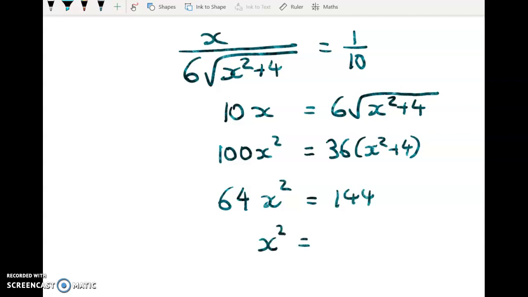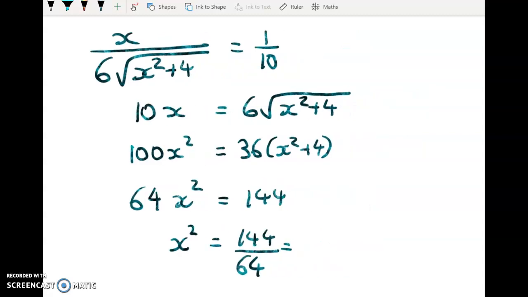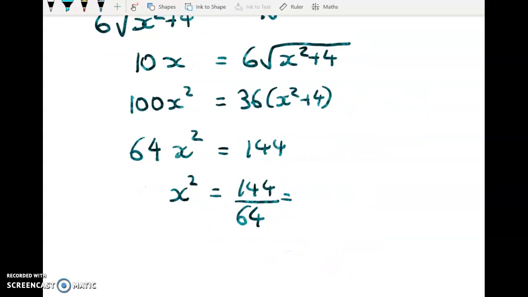X squared is equal to, right, what have we got? 144 over 64. So I can feel you reaching for your calculators. Simplifying that down, 16 is a common factor of both bits of the fraction. So x squared is equal to 9 over 4.